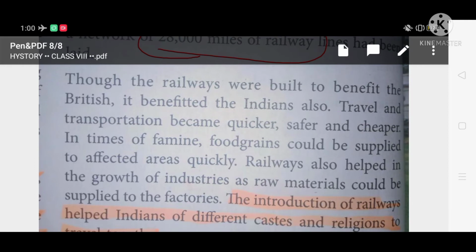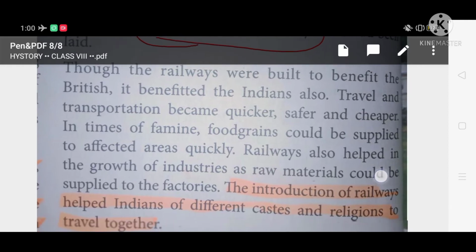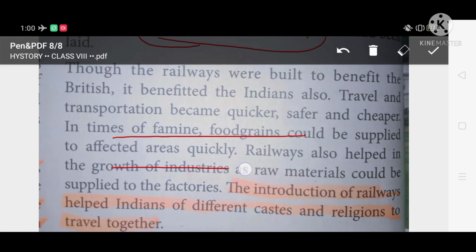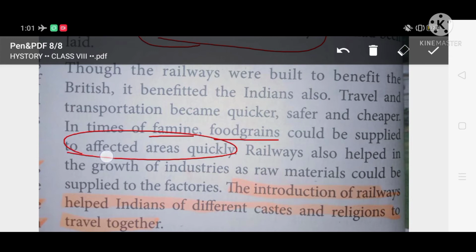The rails were built to benefit the British. They built a railway in India, but the benefit was to them only, to the British, not for Indians. Travel and transportation became quicker, safer and cheaper for them. In times of famine, food grains could be supplied to affected areas quickly.